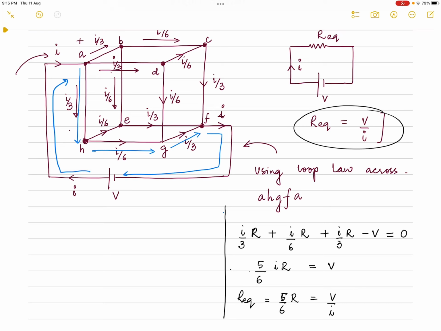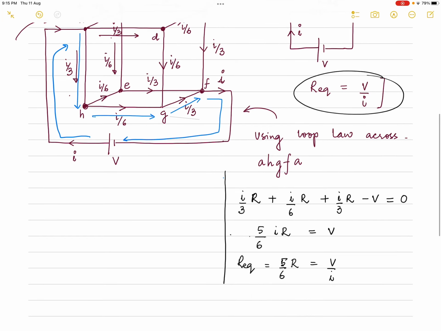So what we will do is we will identify the points of same potential, connect those points together, and that will give us a simplified circuit which we will then be able to solve just by using the combination formulae, series and parallel combination of resistors. So this is the first way that we have used here, using the loop law.